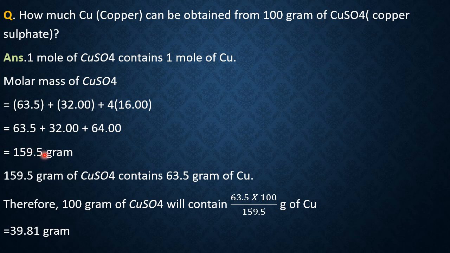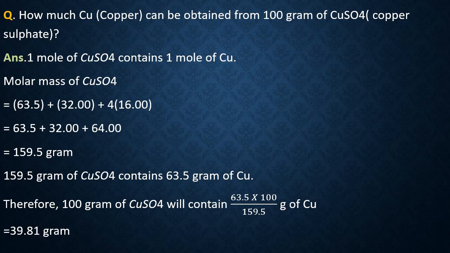Correct? So when we use 159.5 gram of copper sulfate, we get 63.5 gram of copper. But what is asked? How much copper can be obtained from 100 gram of copper sulfate? For 100 gram, how much? So 100 into 63.5 by 159.5. That gives you 39.81 grams.